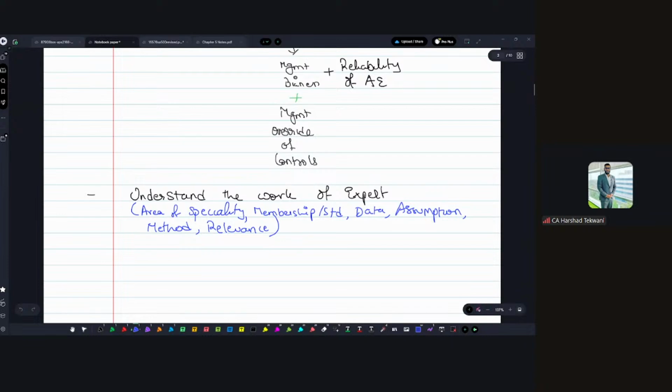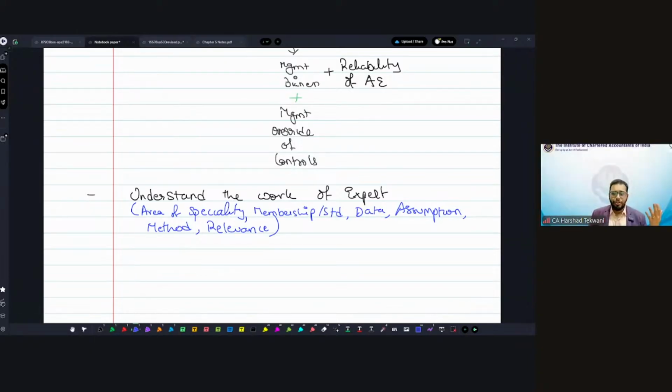Next part that we need to understand is with respect to appropriateness of the expert's work. Appropriateness of his work for the purpose of audit, or for the purpose of whatever assertion is there. Let's say, for example, as I discussed, that the person was supposed to calculate aging, provision on bad debt based on the aging.